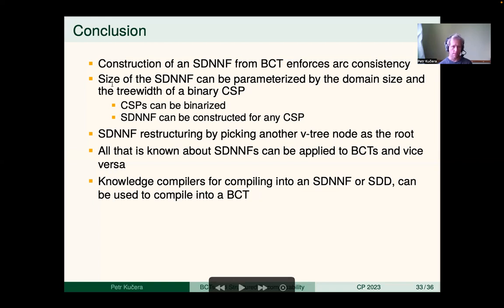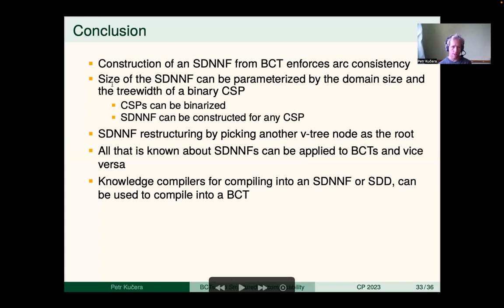So if you have a vtree of a structured DNNF, then we can go to a binary constraint tree, pick another root, and go back to an SDNNF. We get the same function represented. The vtree will be changed, but only by picking a different root. The topology of the tree will still be pretty much the same. So the change is not big, but still it's a slight modification.